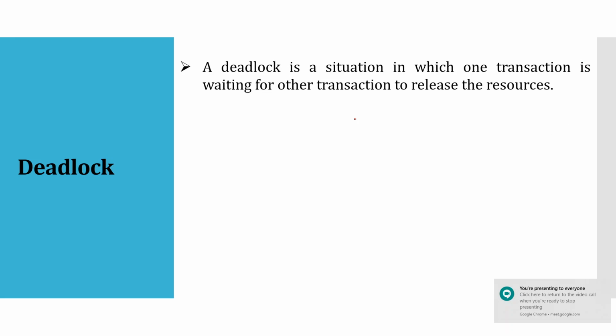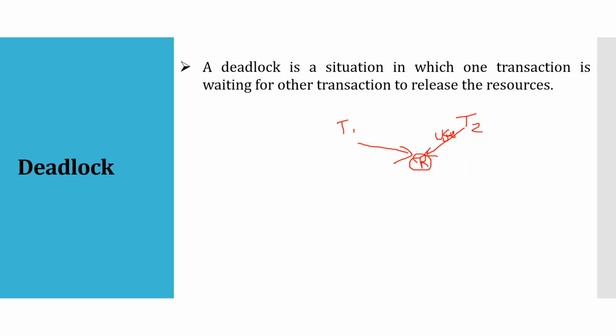A deadlock is a situation in which one transaction is waiting for the other transaction to release the resource. So let us say here T1, T2, and this is a resource. T2 is already acquiring and using this particular resource, and T1 wants this resource to use.